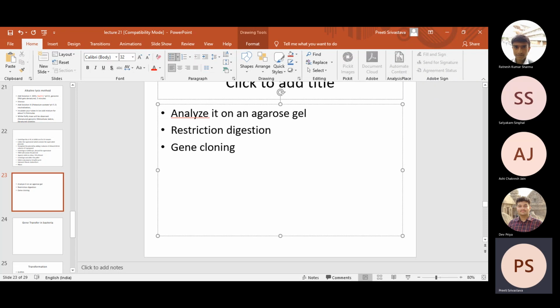You can perform restriction digestion, followed by agarose gel electrophoresis, right? Then you can do the gel elution of the vector or the desired fragment, right?